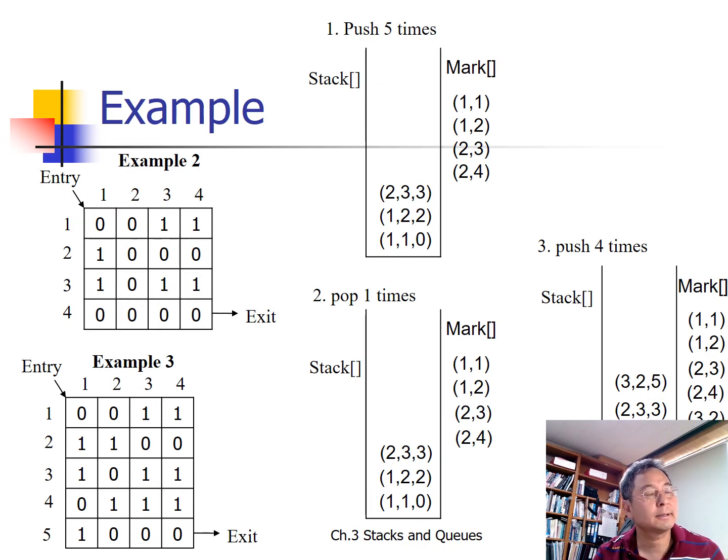Okay, let's see the correct solution of the previous example. This is example 2. Example 2 has a 4 by 4 maze problem, and we use the same stack array to store the past history. So the first starting point is the entrance.